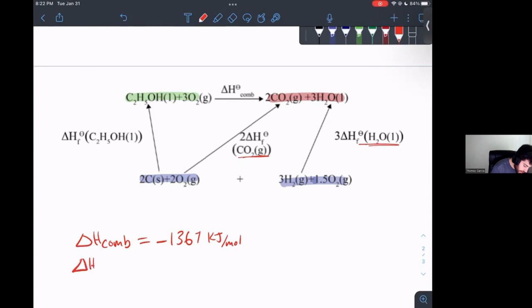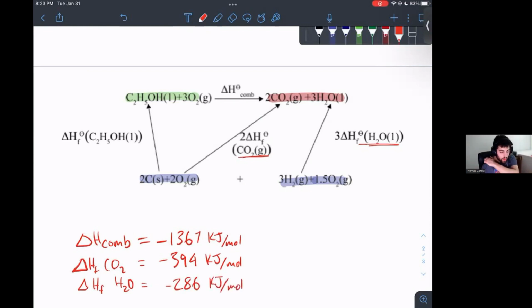In this case, our delta H of formation for CO2 is going to be equal to negative 394 kilojoules per mole, and our delta H of formation of water is going to be equal to negative 286 kilojoules per mole. So with these values known, the question I now have is, well, what the heck is our delta H of formation of ethanol?